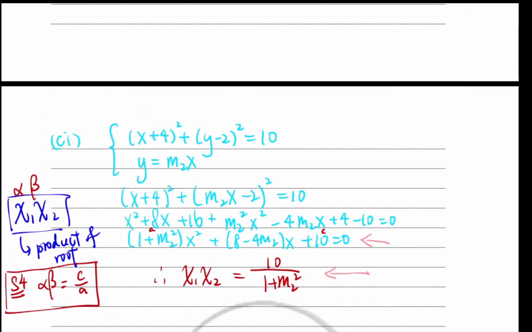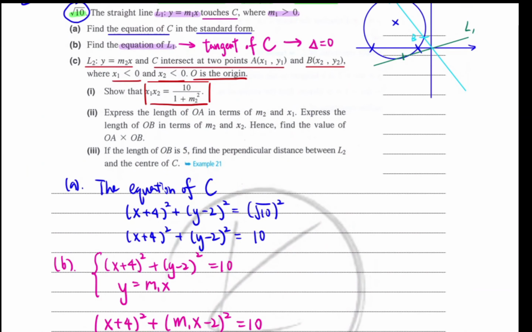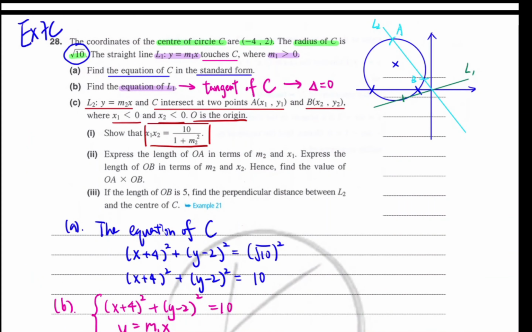Part C2. So C2 express the length OA in terms of m2 and x1. And also express the length of OB in terms of m2 and x2. So later on, after you get the expressions of OA and OB, then you need to find out the multiplication of them.